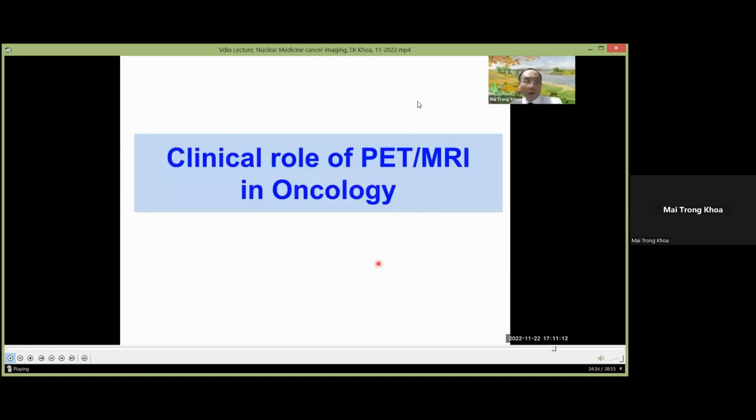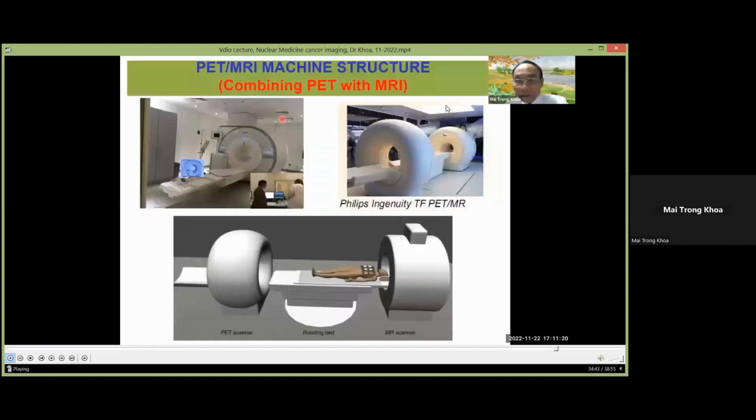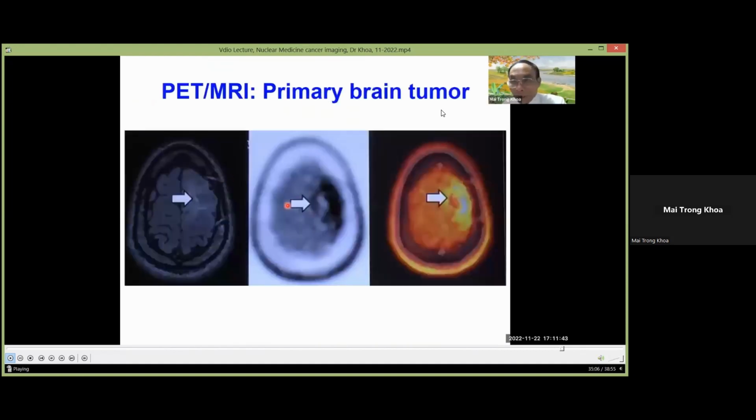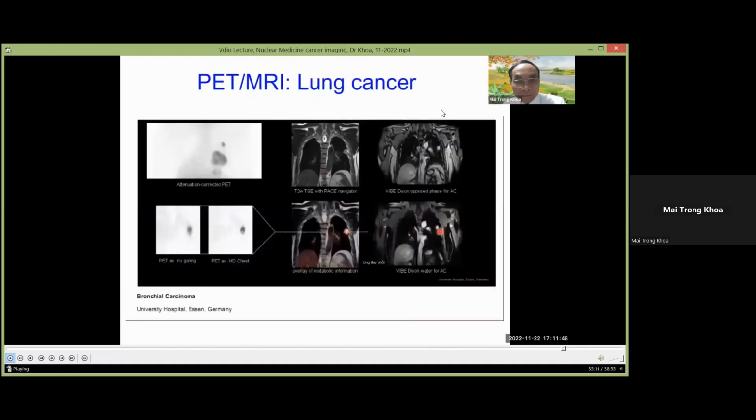And now we would like to share some information about the clinical roles of PET MRI in oncology. This is the image of two kinds of PET MRI being used in clinical practice. You can see here the PET image and MRI image in fusion of PET MRI. And this is a primary brain tumor on the PET MRI, and lung cancer.